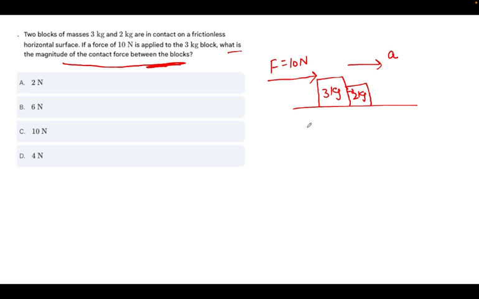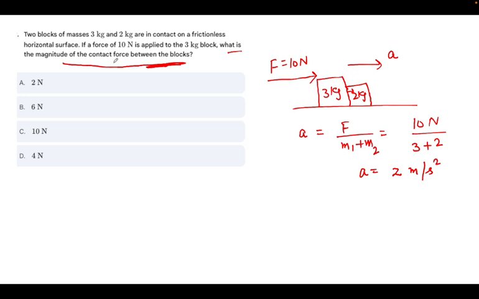So how can we calculate it? First we calculate the acceleration, which is F over m1 plus m2. F is 10 Newton, m1 plus m2 is 3 plus 2, so the acceleration comes out to be 2 meter per second square.